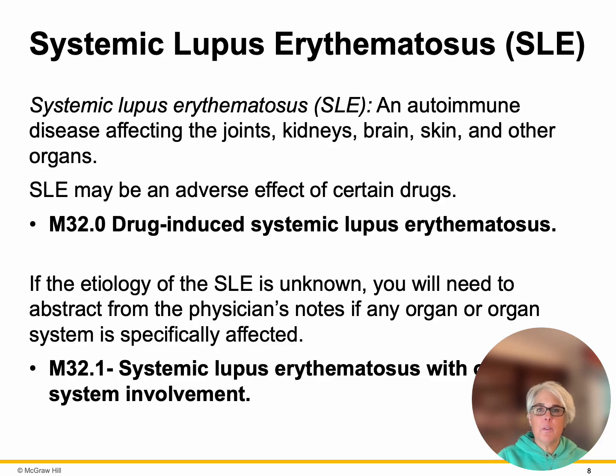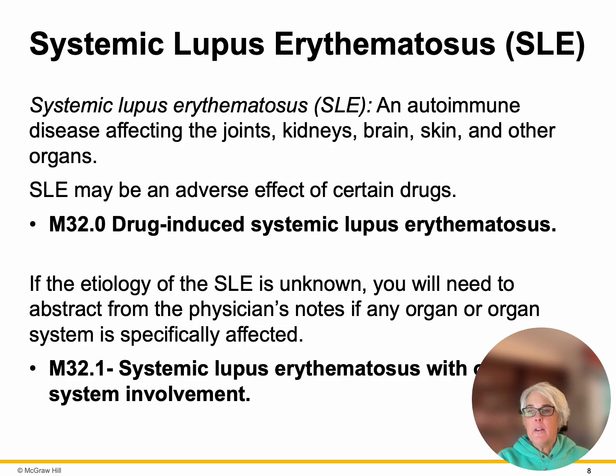Systemic lupus erythematosus, or SLE, is another autoimmune disease, and it can impact joints, skin, kidneys, brain, and other organs. Sometimes SLE is drug-induced, which is coded to M32.0. If the cause is not documented as drug-induced, we look at codes M32.1 for SLE with organ or system involvement.